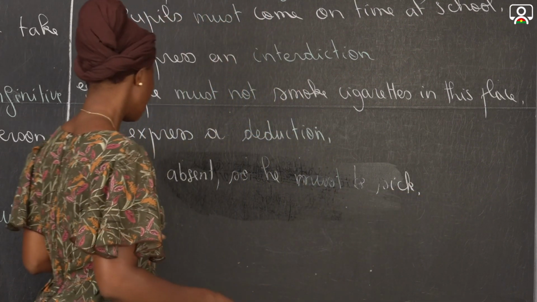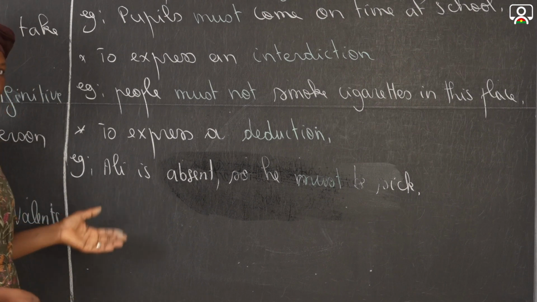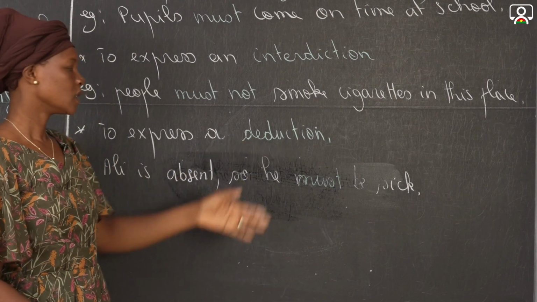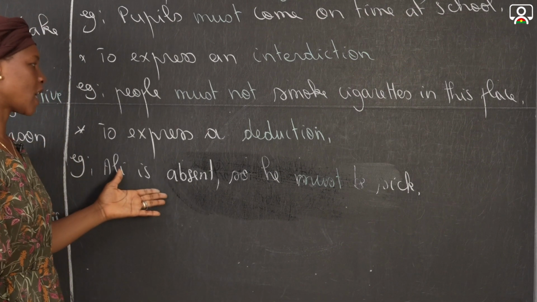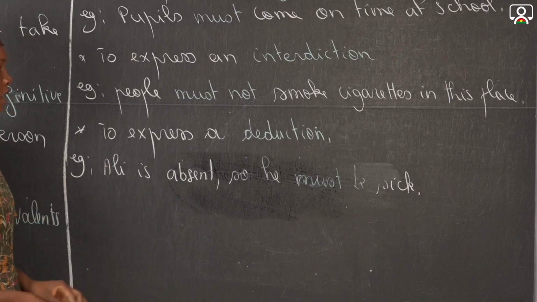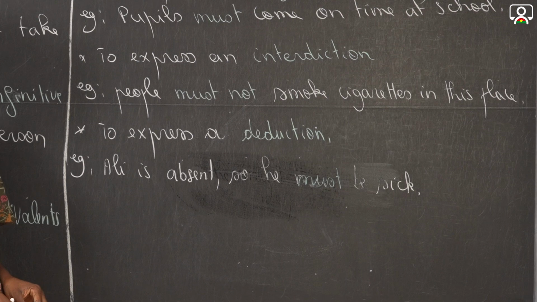In French we have, Ali est absent, donc il doit être malade. So I suppose that if he is absent, maybe he is sick. So we use must to express also a deduction.